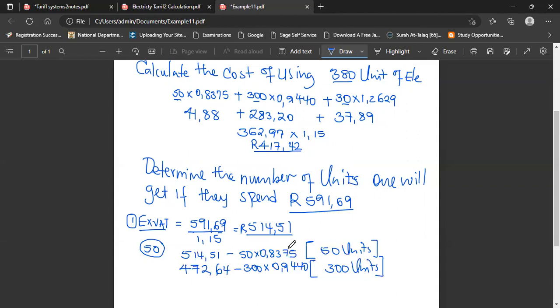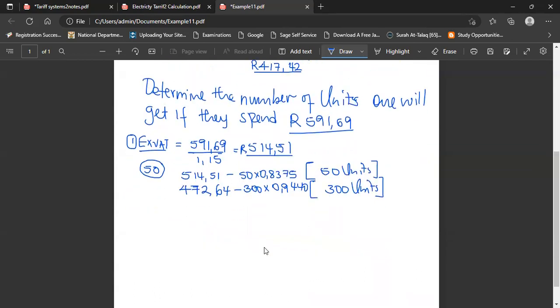So this money here, 472 rand 64 cents, minus the money got from the 300 units. So I remain with this.